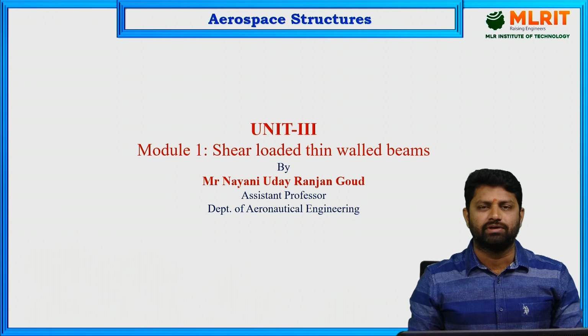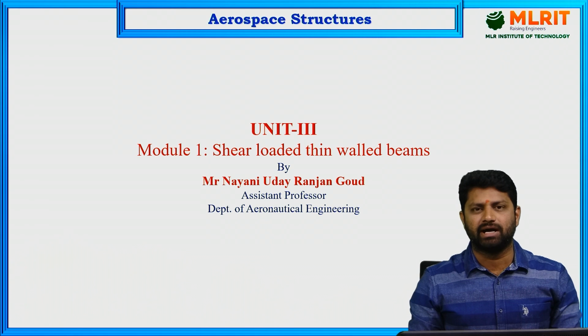We are going to see the shear flow in open section beams and in closed section beams, and thereby we define a particular term called shear center, and we are going to see how to calculate the shear center for open and closed section beams as well. Then we are going to see the combined bending and shear in open and closed section beams as well.